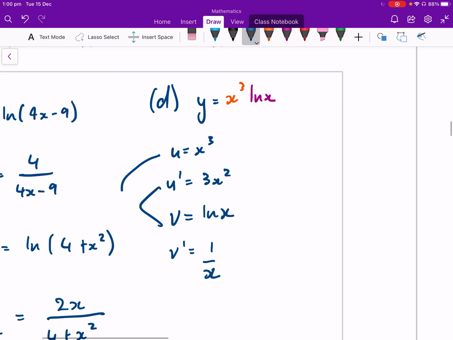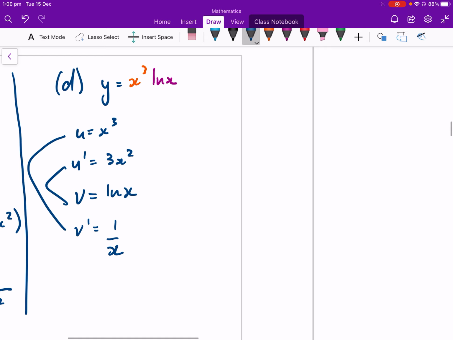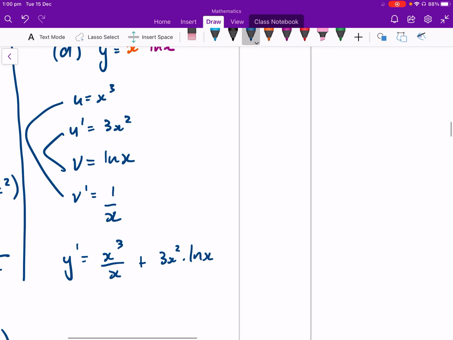So I'm going to look at my insides and outsides. I'm going to multiply them and add them together. So here I'll get, if I look at uv dash, so y dash is x cubed over x plus 3x² multiplied by ln x.